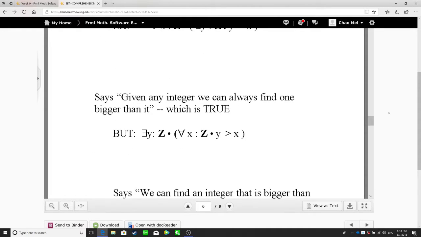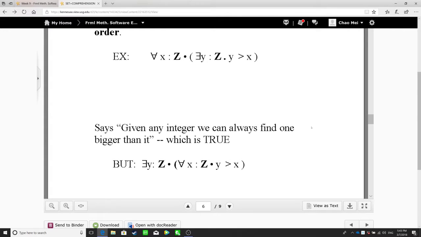But here we have another one. And how about this? I put but here. Probably you know the result. But can you translate this into natural language? Think about it. There exists some integer that every integer is less than it, which doesn't make any sense.